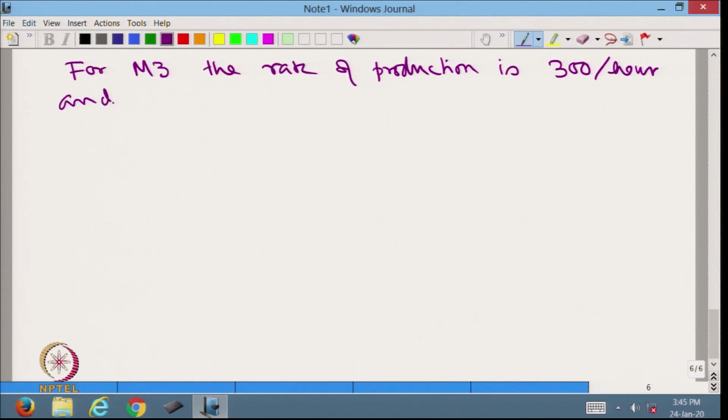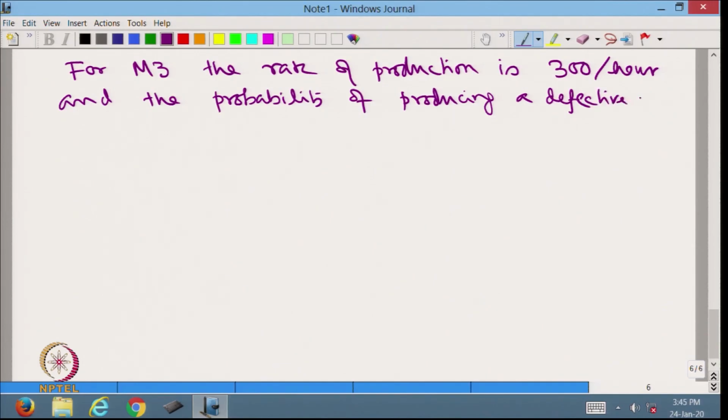and the probability of producing a defective item is say 0.03.